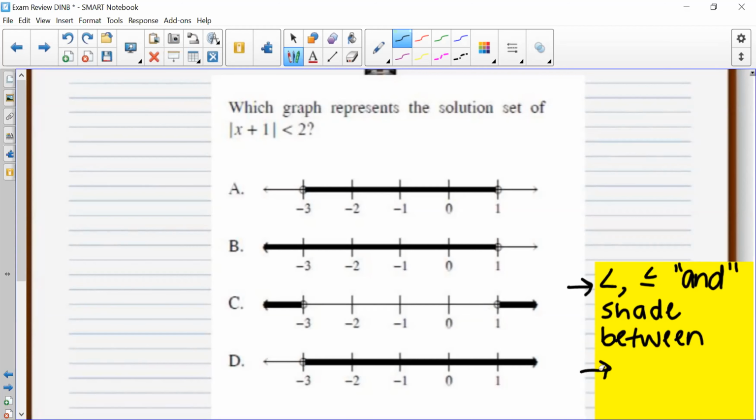And then the second thing to remember is if it's greater than or greater than or equal to, and since you can't type the equal to, you can just type the less than and the greater than in the box, that's fine. These have or in their solution, and we shade to the left and right of the numbers. So we'll talk about what that means when we solve this one.